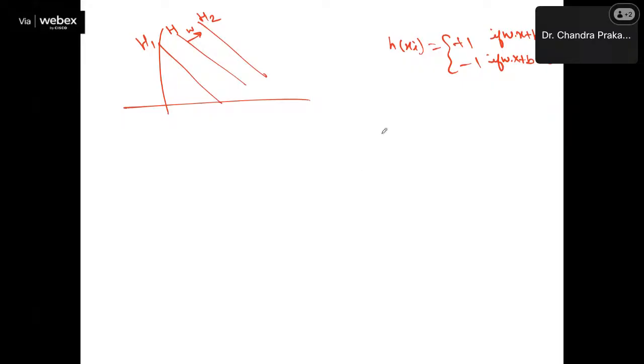When we combine these two equations, we can write it as yi times (W dot xi plus b) minus 1 should be greater than or equal to 0 for yi equal to plus or minus 1.